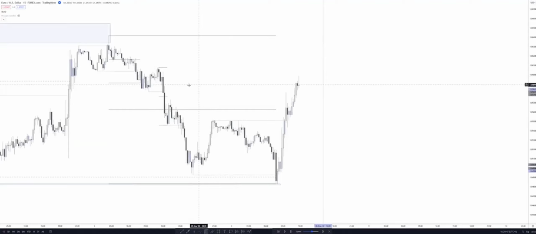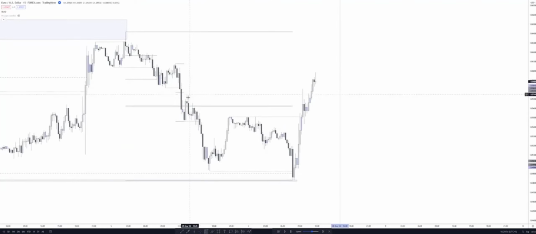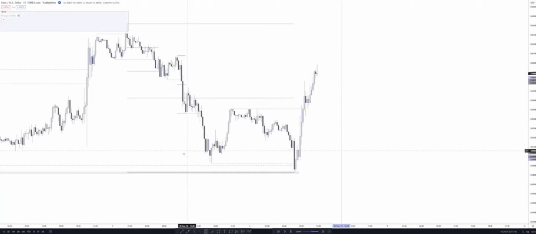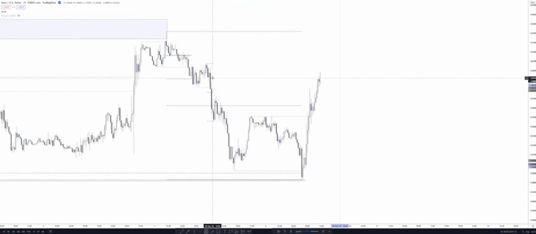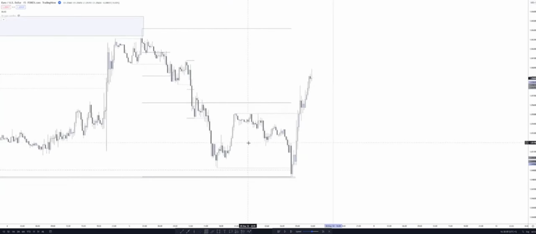But what happened after that was that this premium was never mitigated, and then price continued down again. Okay, so this is another unmitigated premium, so the supplies in here are valid to take trades from. So again, keeping those open.